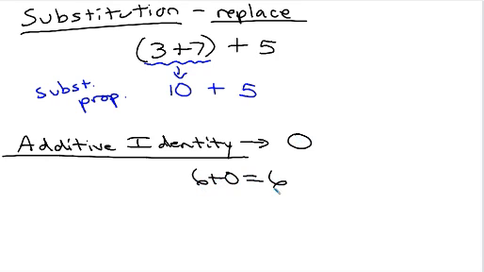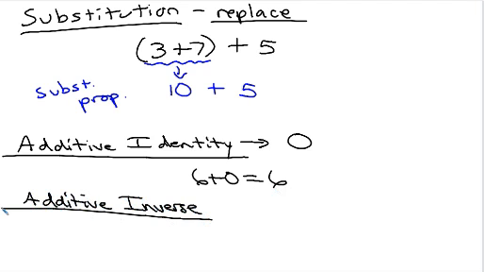Now, if I add the opposite of a number to itself, I get the additive identity. Show you what I mean. That property is called the additive inverse property. Let's take the number 13.